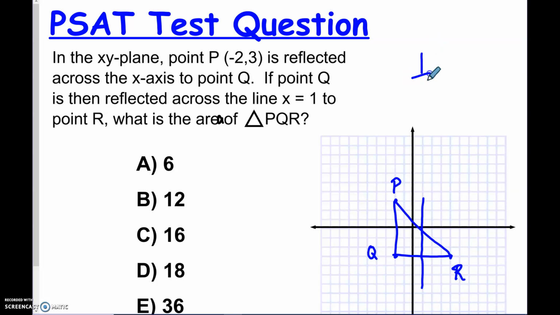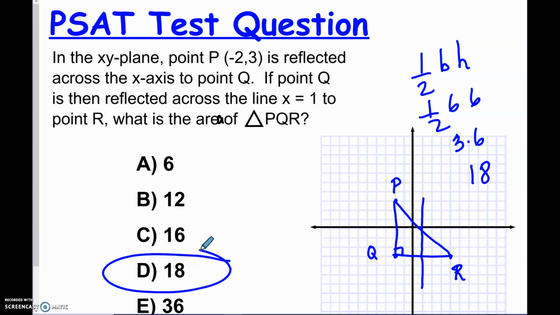The area of a triangle is 1/2 base times height. This happens to be a right triangle, which makes it even easier. So what do we have? 1, 2, 3, 4, 5, 6, and 1, 2, 3, 4, 5, 6. So 1/2 of 6 is 3, and 3 times 6 is 18. Must be this letter D.